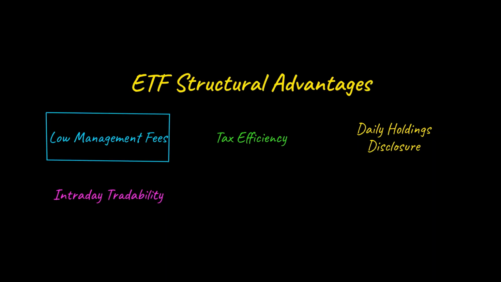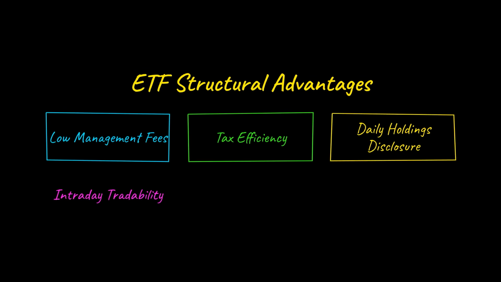ETFs carry 4 key structural advantages: low management fees compared to traditional mutual funds, tax efficiency from the creation and redemption process, transparency through daily holdings disclosure, and intraday tradability. Together, these features have driven enormous growth across virtually every asset class over the past 3 decades.